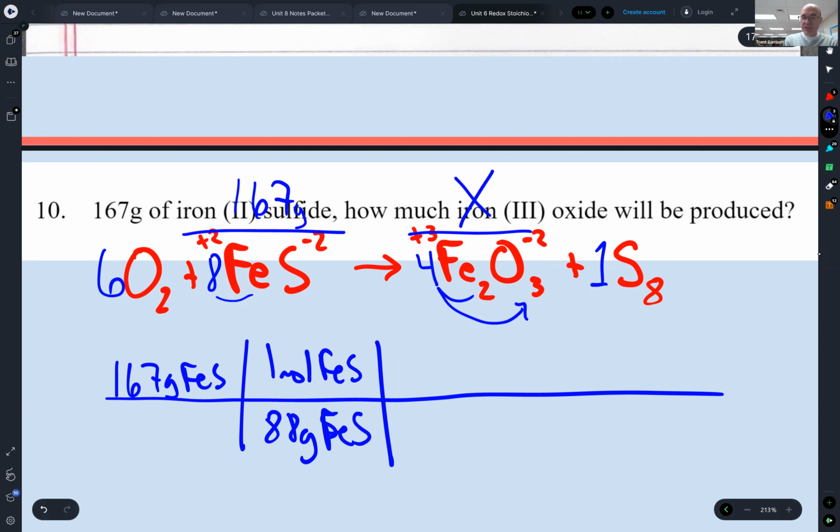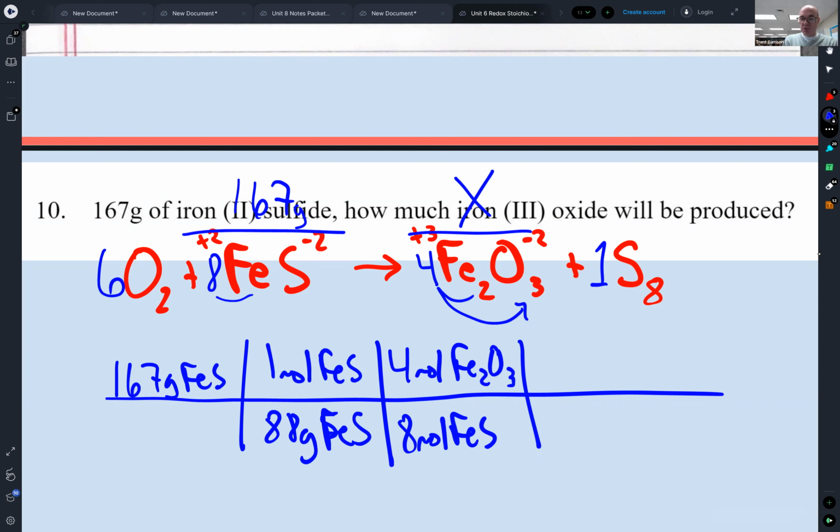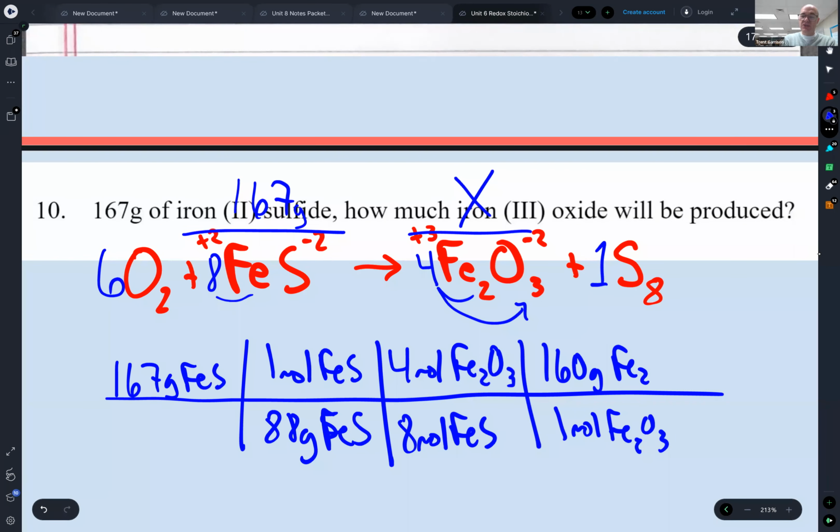Now let's take a look at the ratio through the mole map. The ratio is for every 8 moles of FeS, I have 4 moles of Fe2O3. Then the final step in the mole map is to convert moles to grams. So for every 1 mole of Fe2O3, I add up the weight of Fe2O3, and that comes out to be 160 grams.